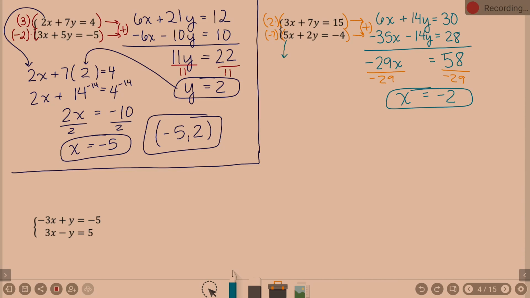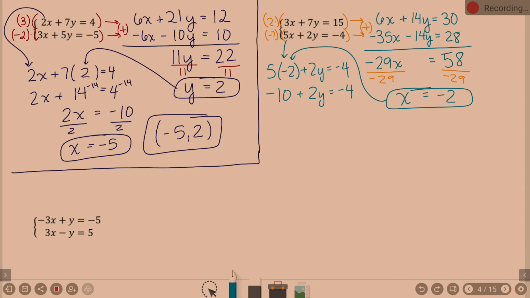So 5x, 5 times negative 2 plus 2y equals negative 4. 5 times negative 2 is negative 10 plus 2y equals negative 4. To solve for 2y, what are we going to do?